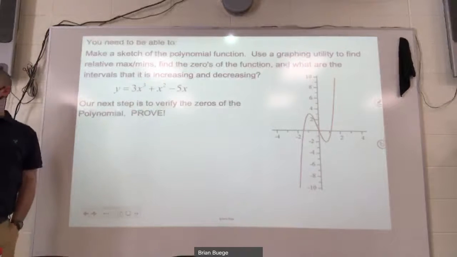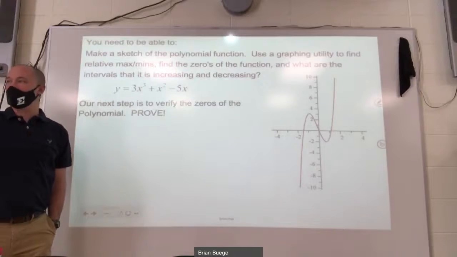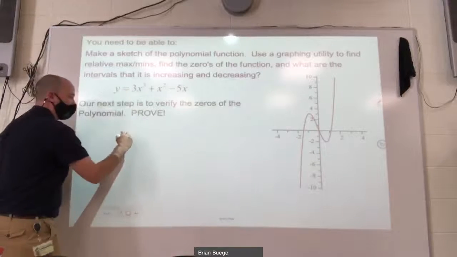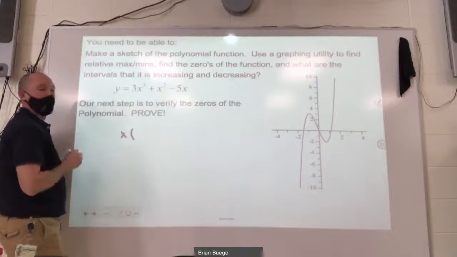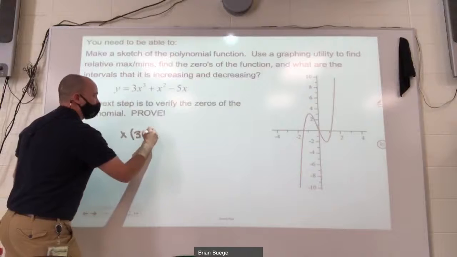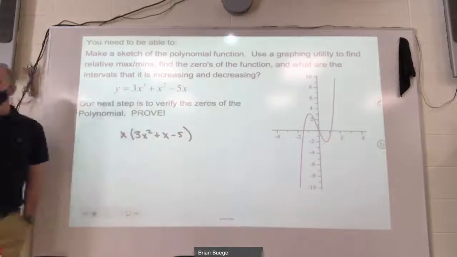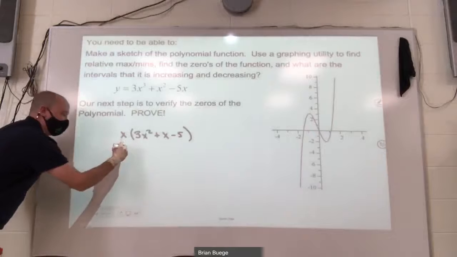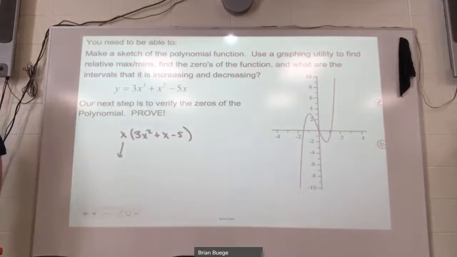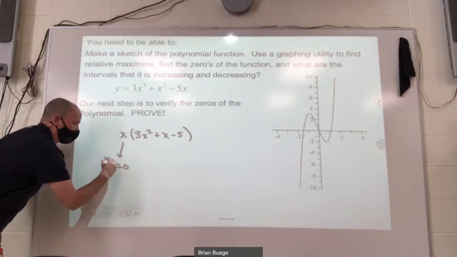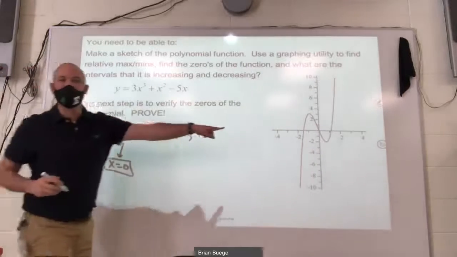So step number one, remember we're finding x-intercepts, is to factor. Well, if we take a look, notice I can pull an x out of all of that, which would leave me with 3x squared plus x minus 5. If I take the first factor and do the zero product property, x equals 0 is your first factor. There's one of them, and there it is right there on the graph.